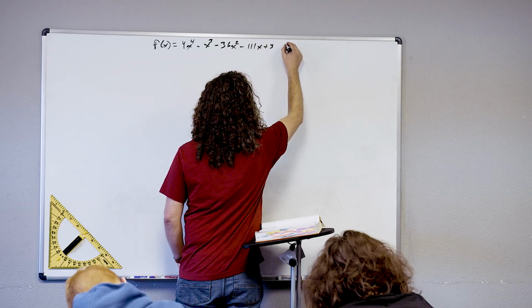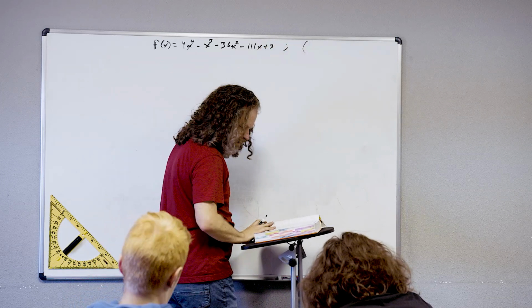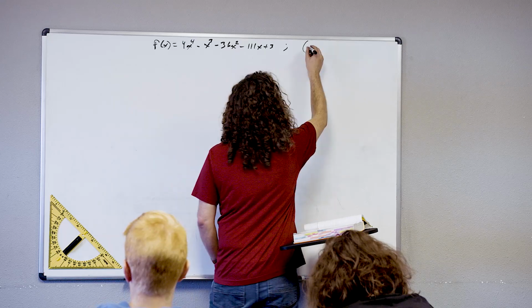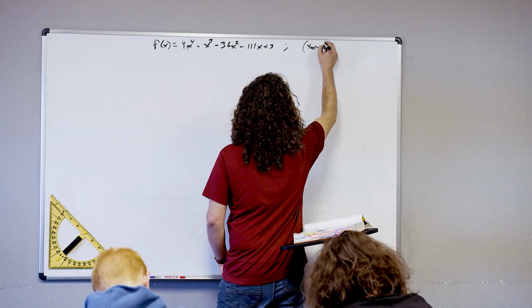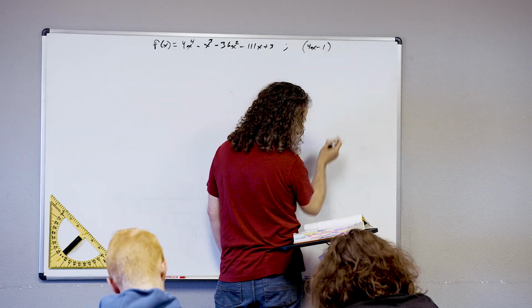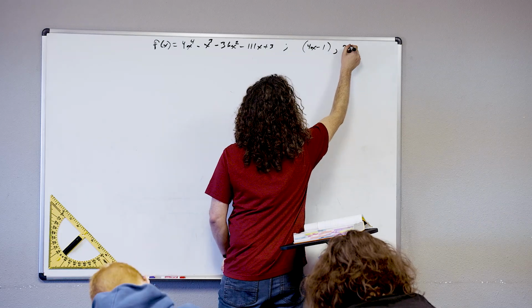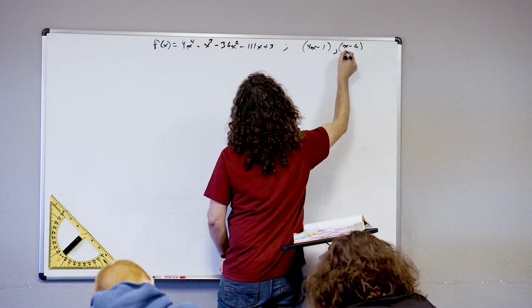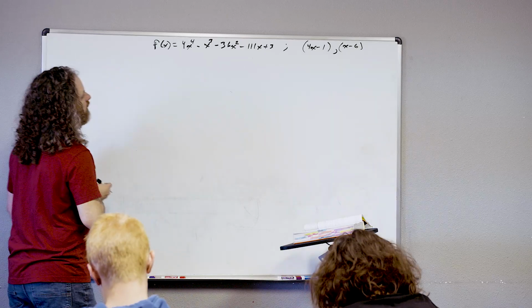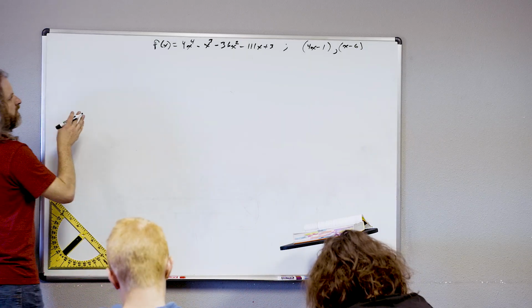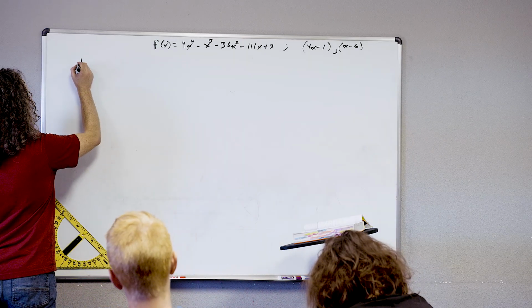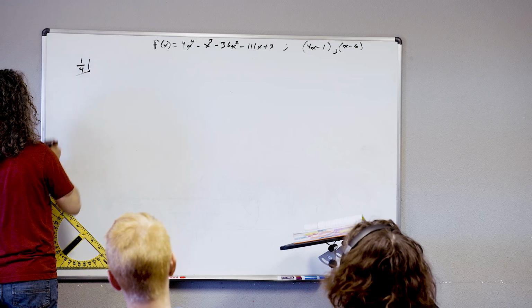And we're going to try it with 4x minus 1. We want to see whether that's a factor or if x minus 6 is a factor. Okay, so let's start with the first one and divide it by 1/4 synthetically.